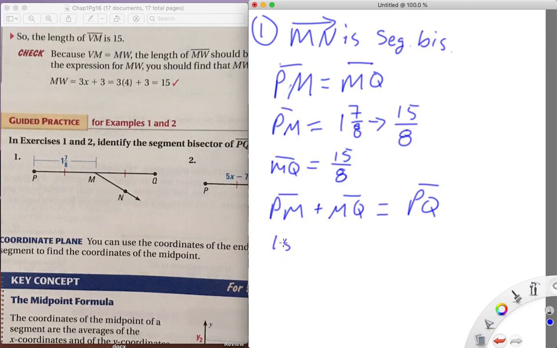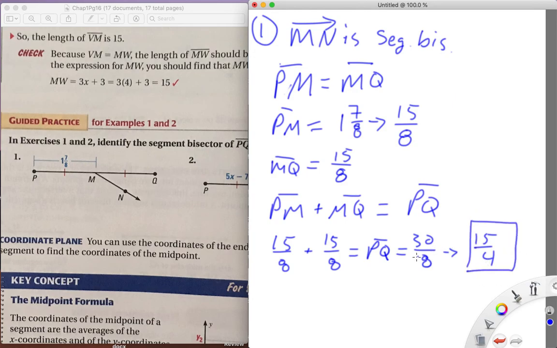So this is 15/8 plus 15/8, which equals PQ, which equals 30/8, which gives me 15/4. So PQ would equal 15/4. And I don't turn things into improper, so I would leave it at that.